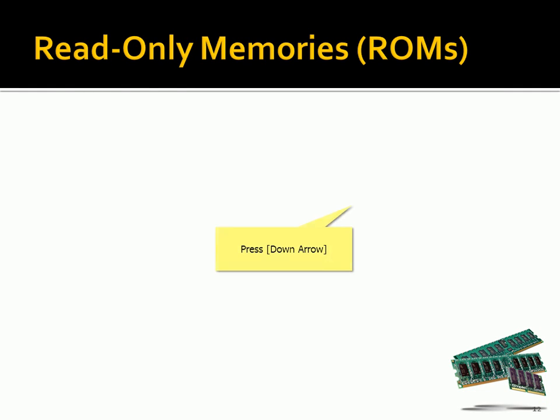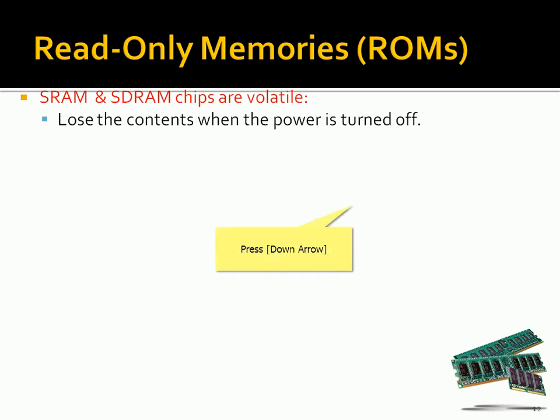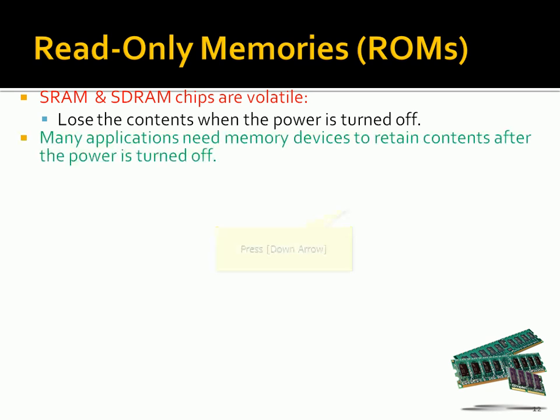Read-only memories. SRAM and DRAM chips are volatile, so they lose their contents when power is not there. As long as the power is there, data will remain.